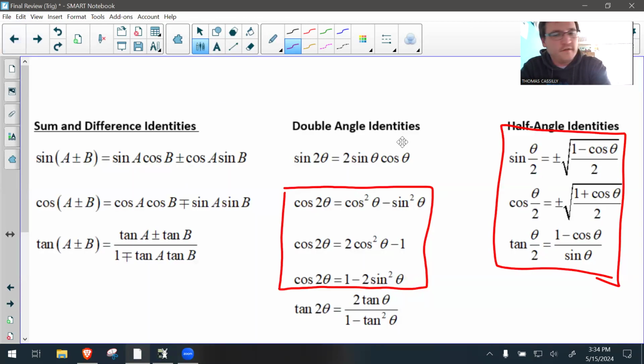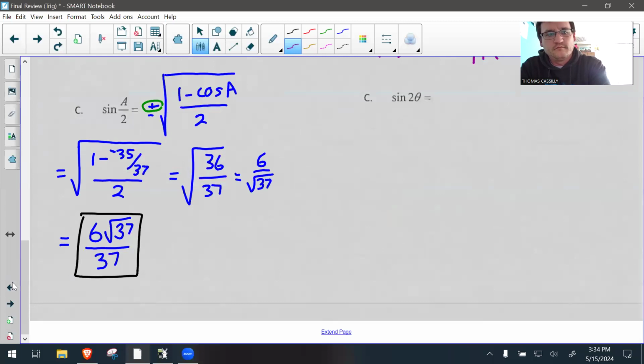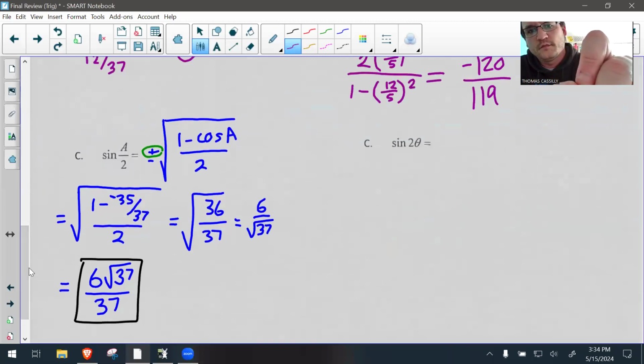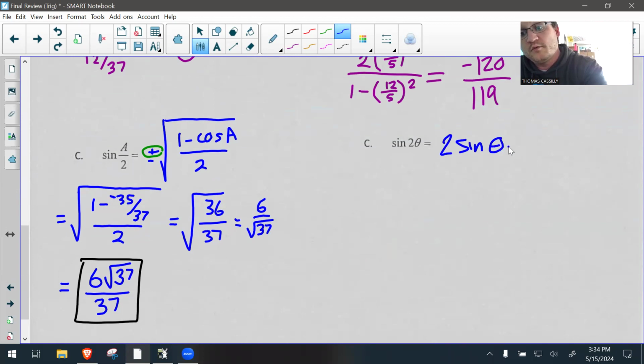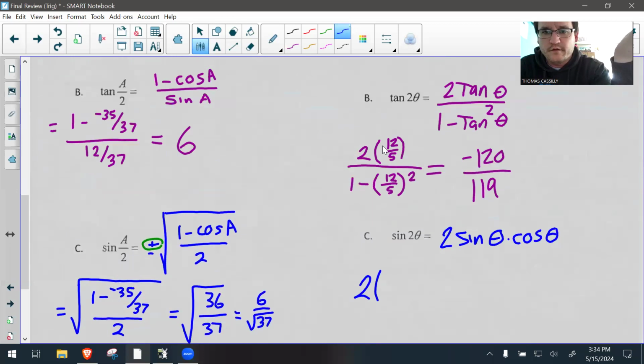This is the sine of 2 theta. It's 2 sine theta cosine theta. So this one is 2 times the sine of theta times the cosine of theta. I don't remember what sine is, so let's go back up and look.